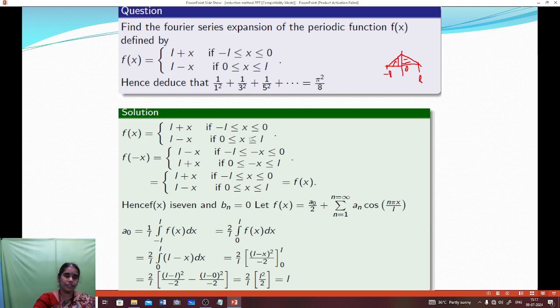So find f of x, the value is the given function. Now finding f of minus x by replacing our x by minus x. The first interval becomes L minus of minus x, with minus L less than or equal to minus x less than or equal to 0, and L minus of minus x becomes plus x, with 0 less than or equal to minus x less than or equal to L. See here, what's our minus x? We have to multiply x by minus on this side.